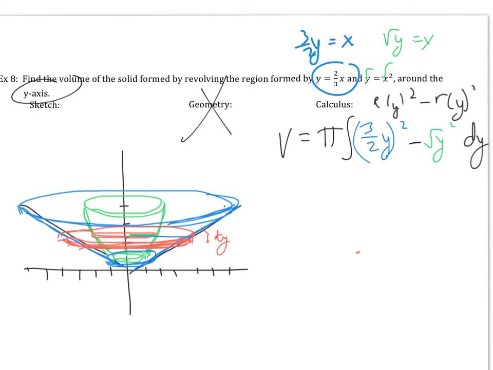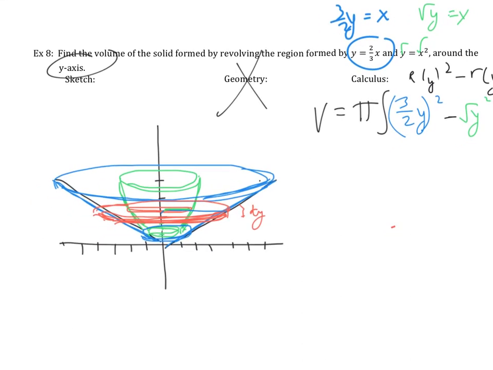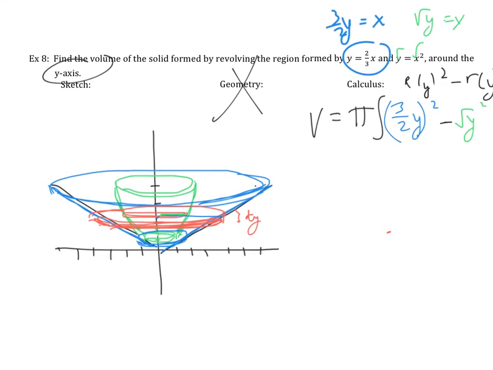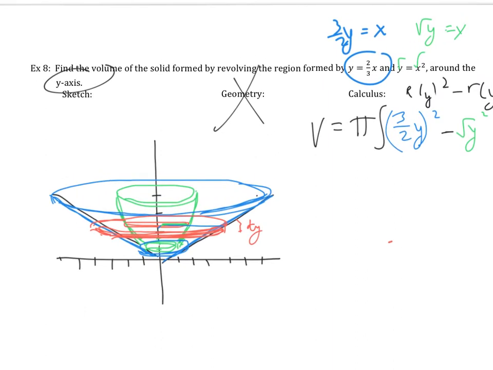For my limits of integration, I know I'm going around the y-axis, and it doesn't look like I gave you numbers, but I meant to say on here, sorry about that, from y equals 1 to y equals 4. That's supposed to be given information. Sorry about that. So from 1 to 4.